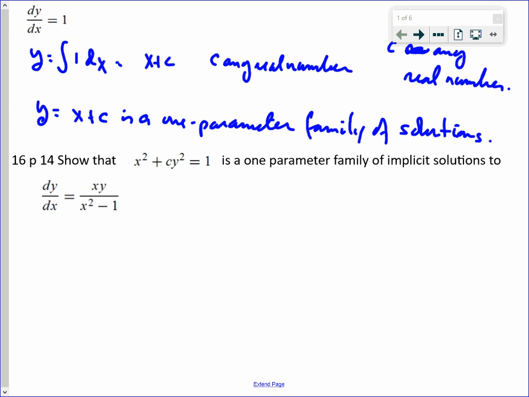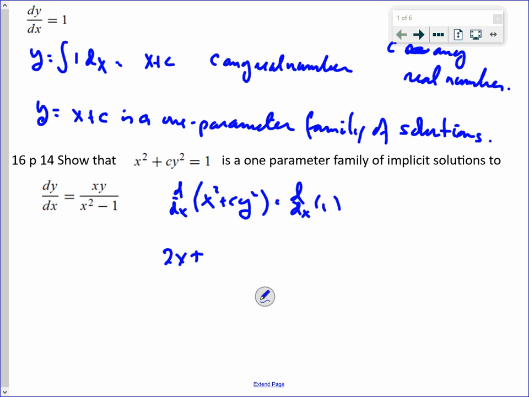So this is implicit we're talking about, so let's do the implicit differentiation. Take the derivative with respect to x of both sides. Okay, this one isn't too bad because the derivative with respect to x of x squared is 2x.